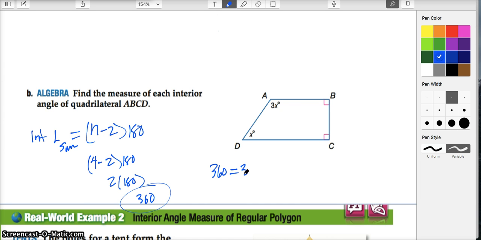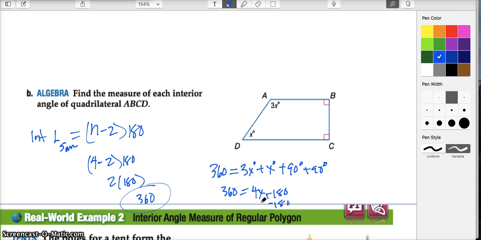So 360 is equal to 3x plus x plus, sorry, that wasn't a plus sign, plus 90 degrees plus another 90 degrees. And like all algebra problems, we like it when it only has one variable, which is x in this case. So 4x plus 180 is equal to 360.